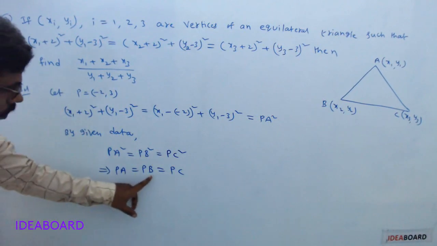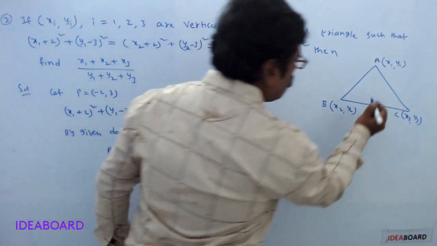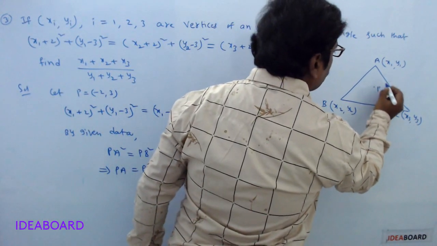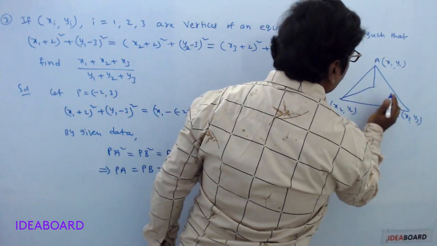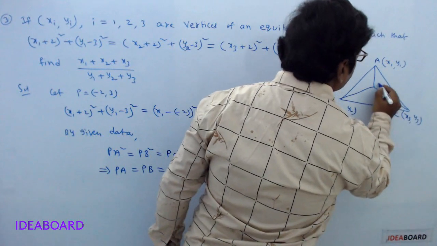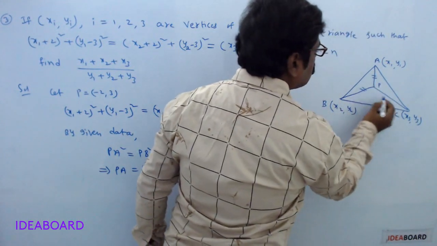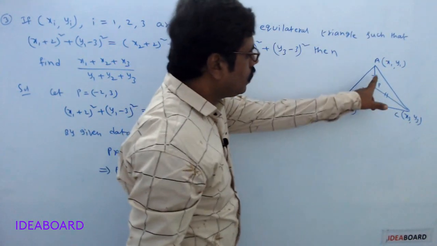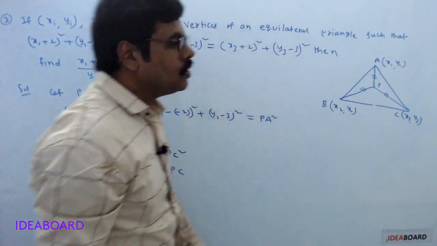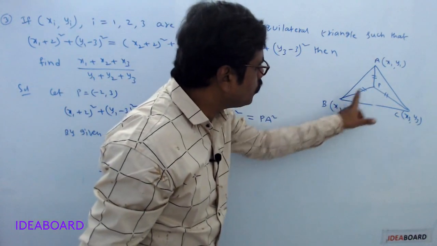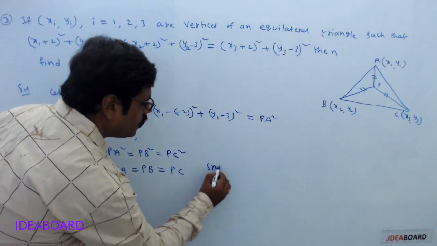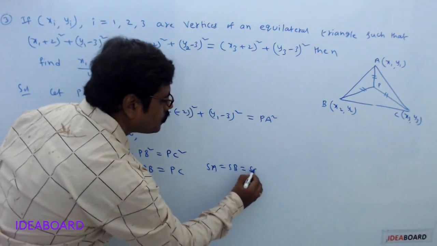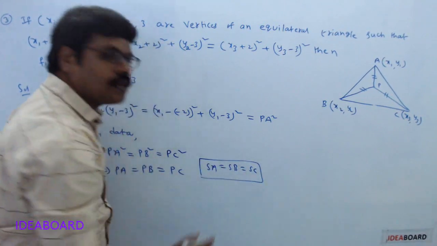PA equal to PB equal to PC means the point P is equidistant from the vertices A, B and C. So this length, this length, this length, all of them are equal. This condition is of the form SA equal to SB equal to SC.